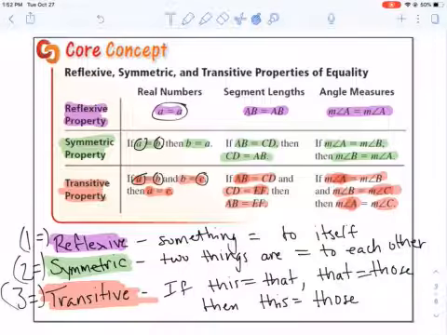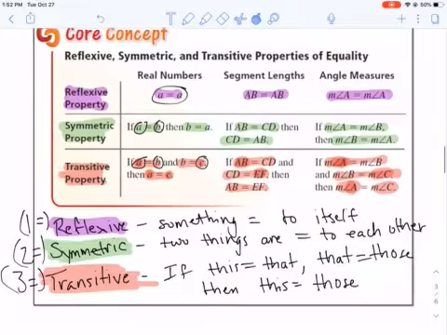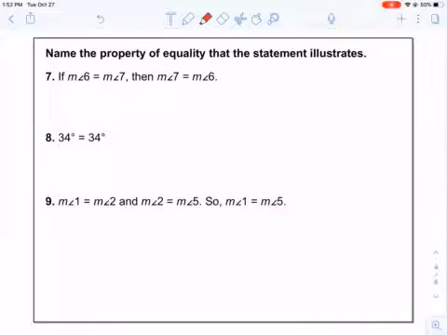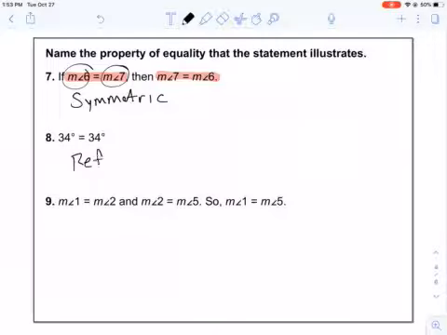So here we go. Let's do some properties. Looking at this one, it says 6 is equal to 7, so 7 is equal to 6. Well, that's 2 unique things. We're saying 2 things are equal to each other, so that's symmetric. Next one, 34 equals 34. Well, that's pretty easy. There's only 1 unique thing, so that's reflexive.